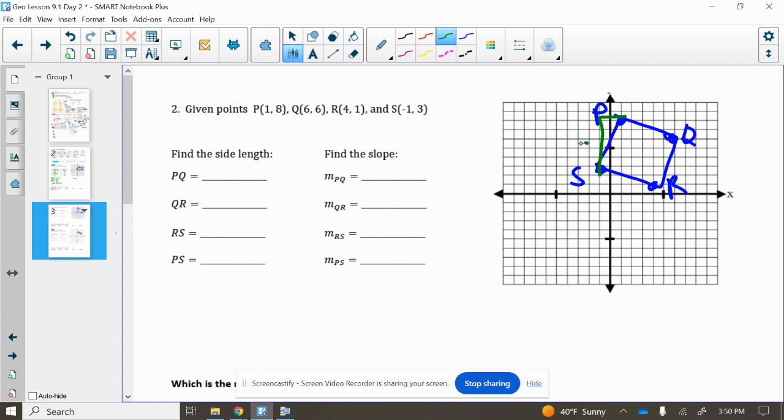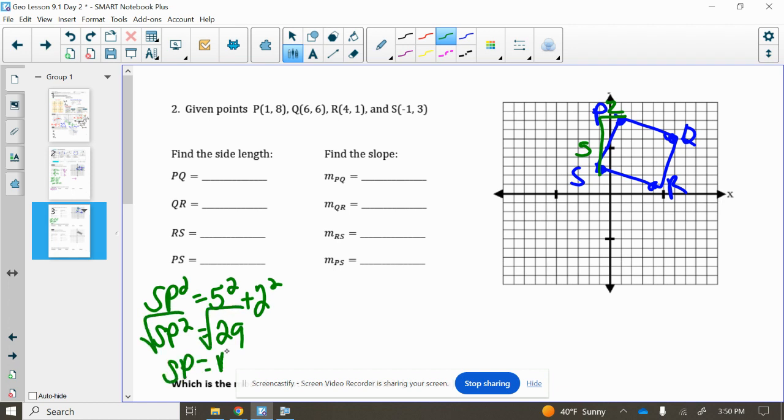And we see that we have a rising 5, running 2. All of these are actually going to create that, but from S to P, we see this to start. So S to P, again, if you want to think about it as C squared equals 5 squared plus 2 squared. S to P squared equals 29. Square root of 29, we find out that our side is about 5.4.